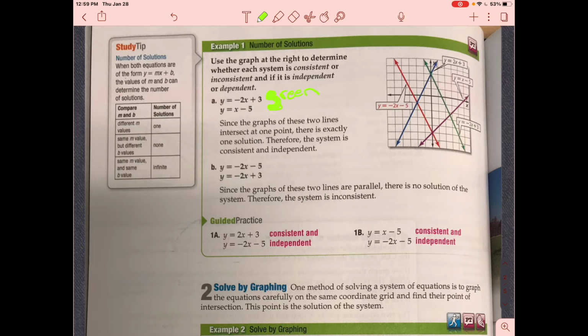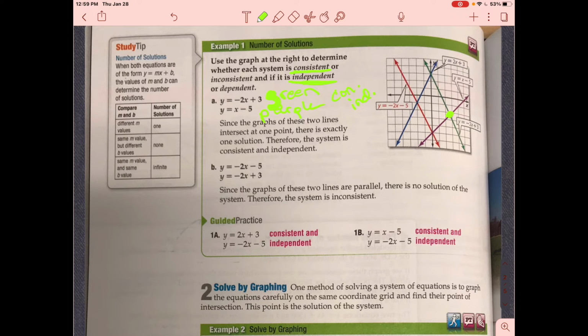And then y equals x minus 5 is the purple line. So we are looking at, do they cross? Well, yeah, they do. The green and purple cross right there. And so we are going to say consistent because, yes, they cross. And we are going to say independent because they only cross once. So this is consistent and independent.